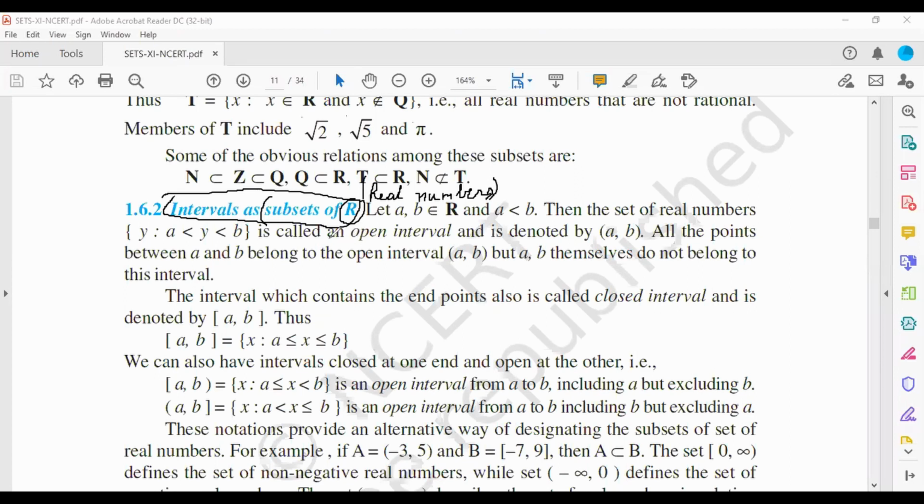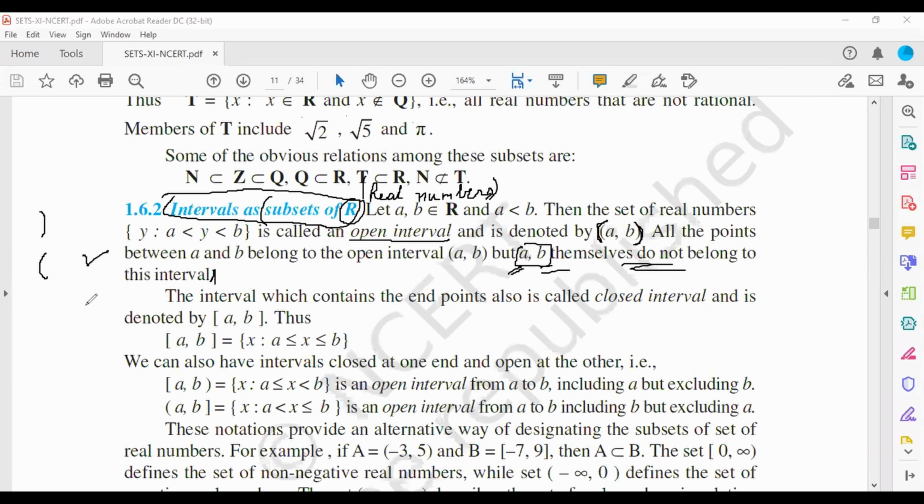Even if you had missed the session last week, you can easily understand the interval now. There is something called an open interval. Open interval means only using curved brackets, which means that the end numbers A and B do not belong to the interval. A is not included, B is not included, so we use curved brackets, opening and closing.